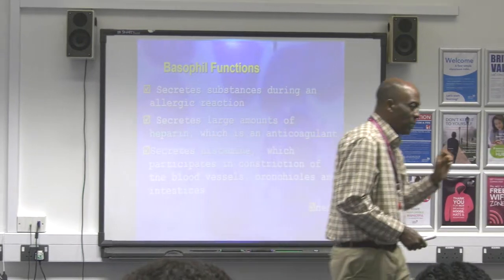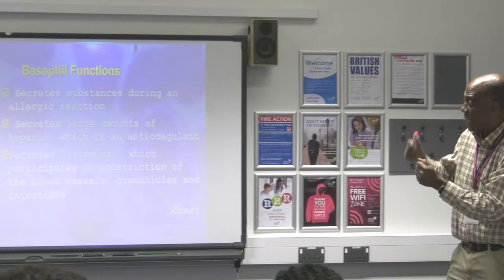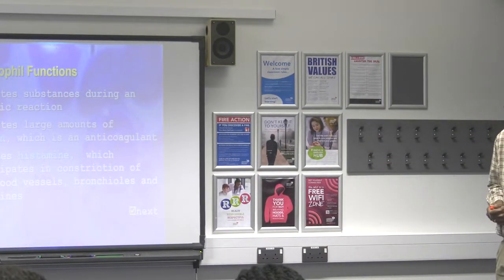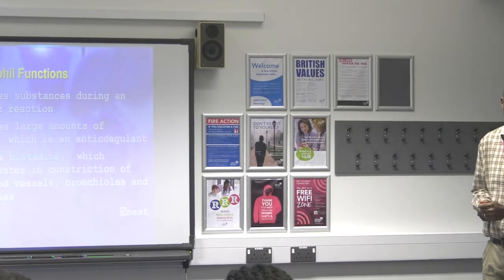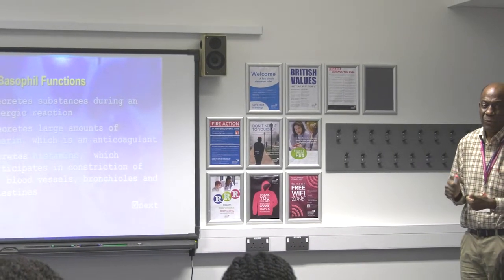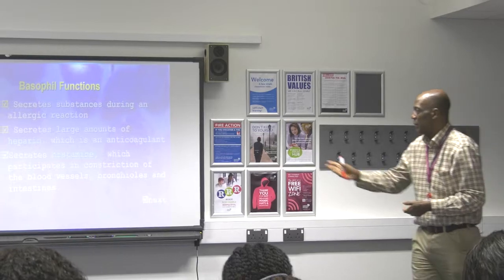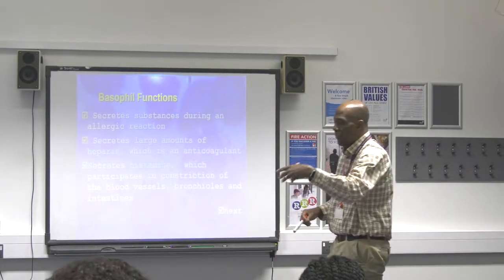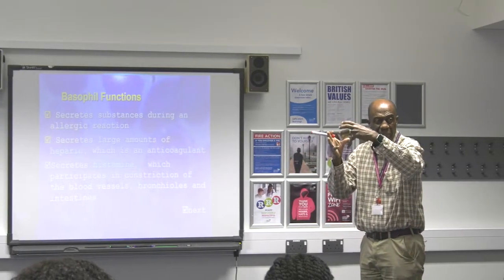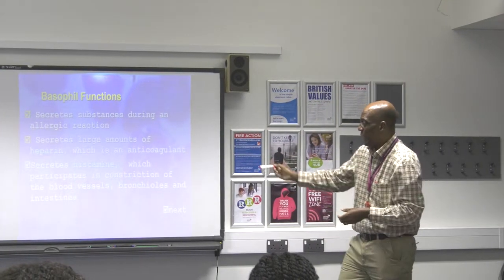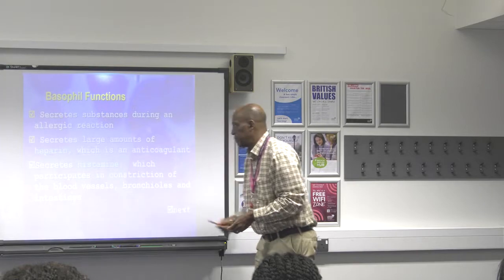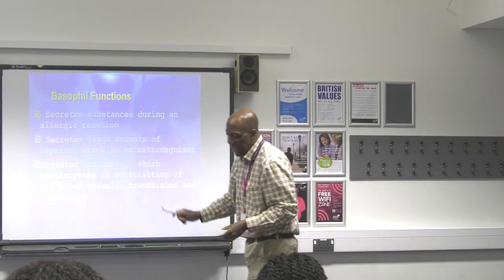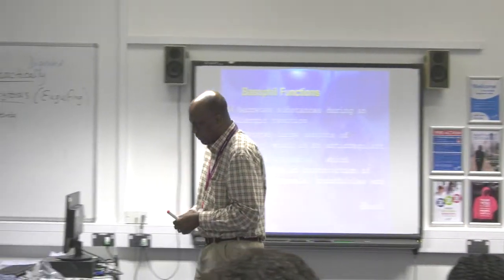So be careful when you're doing your research. It is mainly for allergic reactions. It secretes heparin, again, to stop the blood coagulating, and then it secretes histamine. The histamine helps with constriction.